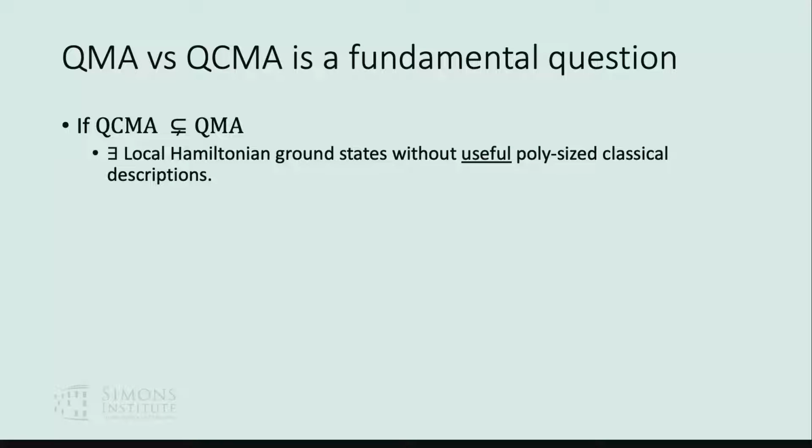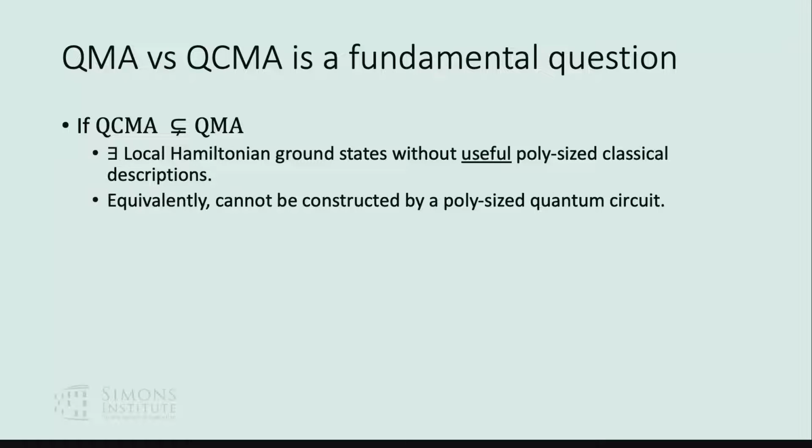The description of the ground state as just the Hamiltonian is not that useful. So we want a classical description that allows you to construct this ground state, and that's equivalent to being able to construct it with a poly-sized quantum circuit. So if they're separated, I guess it says something for problems that we care about.